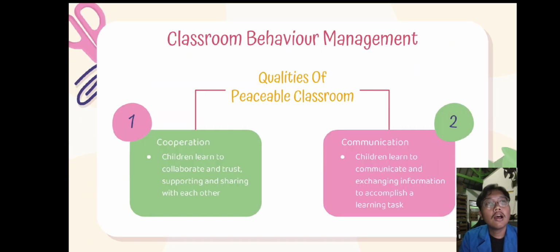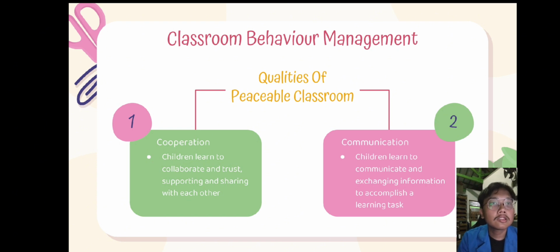Here, I could give you the qualities of a peaceable classroom. First one is cooperation. In cooperation, children learn to collaborate and trust, supporting and sharing with each other. Second is communication. Here, children learn to communicate and exchange information to accomplish a learning task.